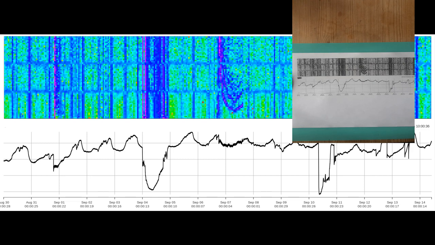Now we come to the one on the left, the one on September 4th. You see the dip starts happening almost exactly at midnight and then goes on to noon, September 4th, and then starts to recover until midnight the next day.